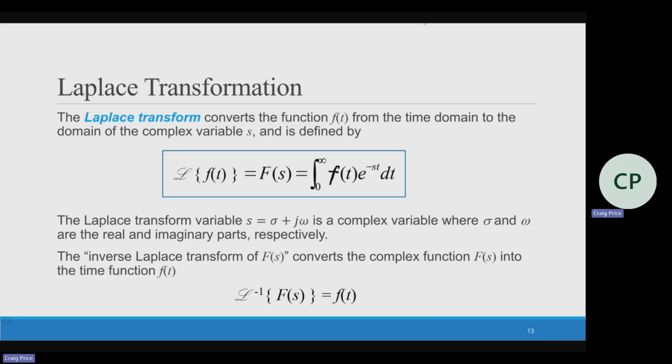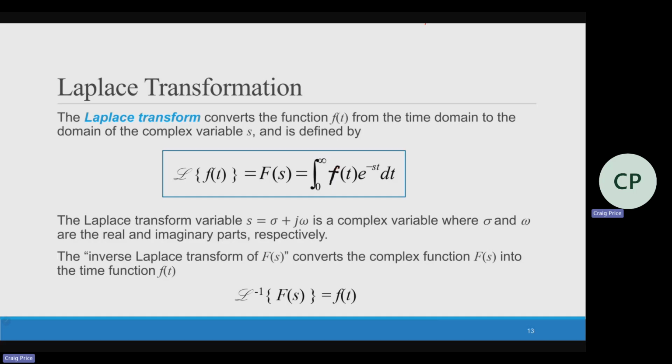Like all the s's in the denominator, we set the denominator equal to 0, those are the poles, and the poles are the same as the roots. Okay, and so that's where we can have my complex roots. I have a real term, I have an imaginary term.